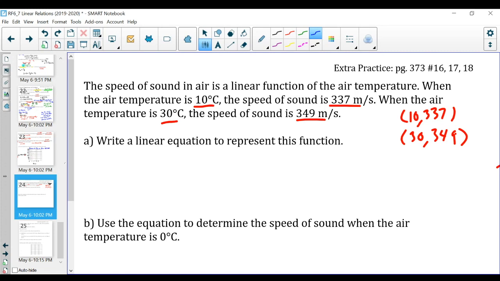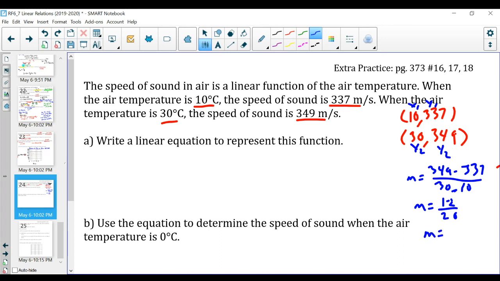We're going to label this x1, y1, and then x2, y2. So this will give us m is equal to 349 minus 337 over 30 minus 10. So this will give us 12 over 20.